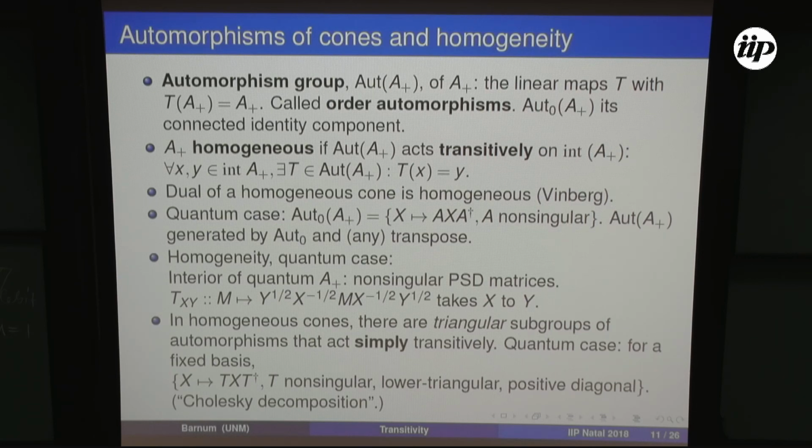How do we get that from the PSD cone? Oh yeah, sure. So you just slice through. Let's say you have 3 by 3 Hermitian matrices. The diagonal matrices are a subspace. That's your slice. That's an example. Here is the simplest homogeneous cone that is not Jordan-algebraic.